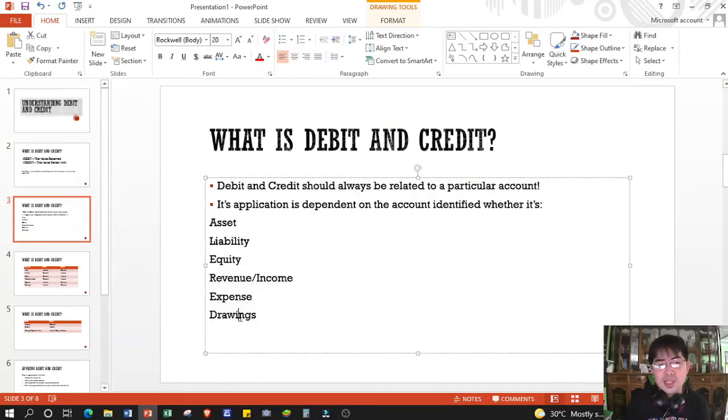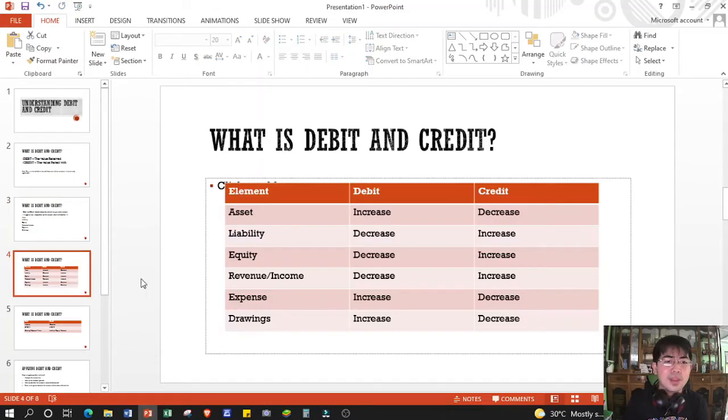Although drawing is not an element, it's an account nga ma-encounter nato. So before we attach a definition sa debit and credit, first kailangan nato i-identify kung unsa nga account ang related. Because again, the account will determine the application of the debit and credit.